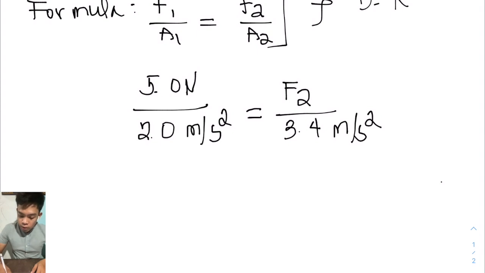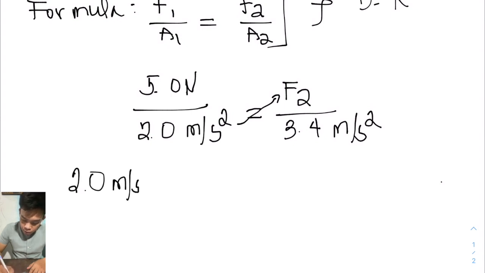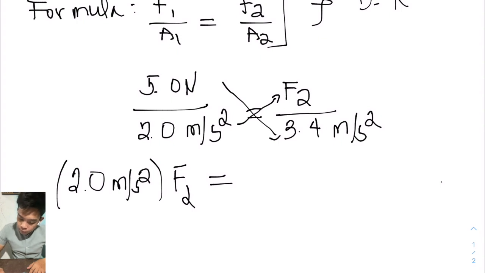So 2.0 meters per second squared multiplied by F2 is equal to 5.0 newtons.